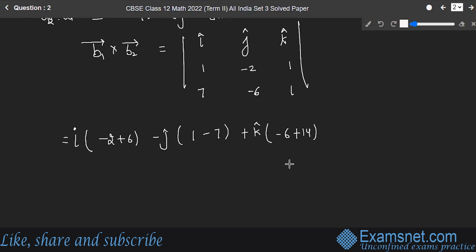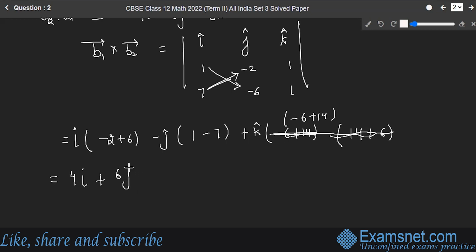Wait, sorry, I got a bit confused. This is the same, minus 6 plus 14, because first of all, minus 6 minus of minus 14 will give you plus 14. Okay, I'll rewrite this. This will be equal to 4i plus 6j plus 8k. This is the value for the cross product of B1 and B2 vectors.